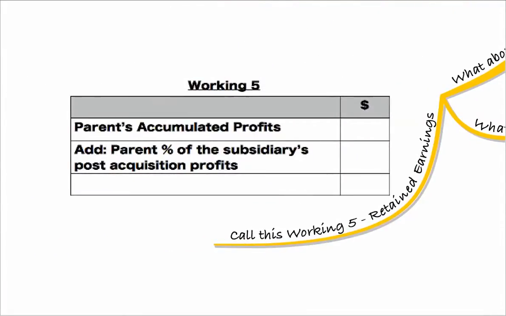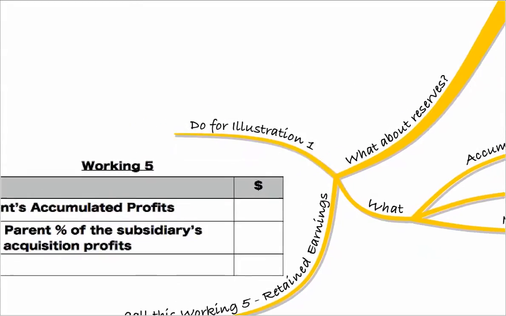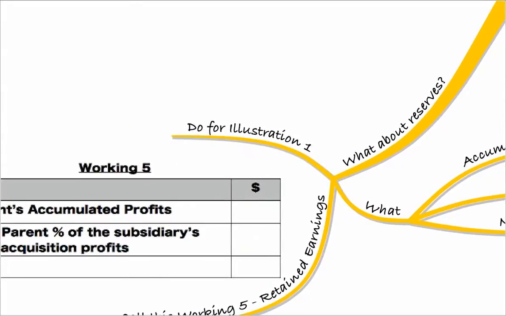Parent's profit from the statement of financial position, so that's their retained earnings, plus their share of any profit the subsidiary has earned since we purchased them. So we did that for illustration 1. And remember, we'll see these workings over and over again in future illustrations. So we'll start off with the simple ones we did in illustrations 1 and 2.